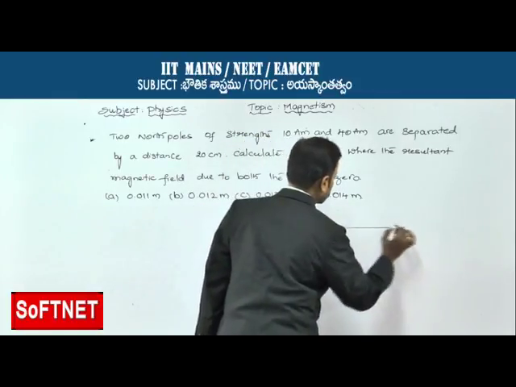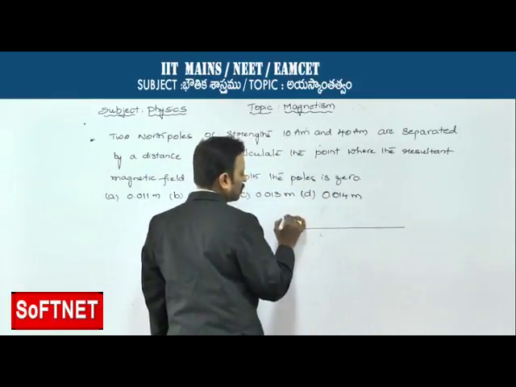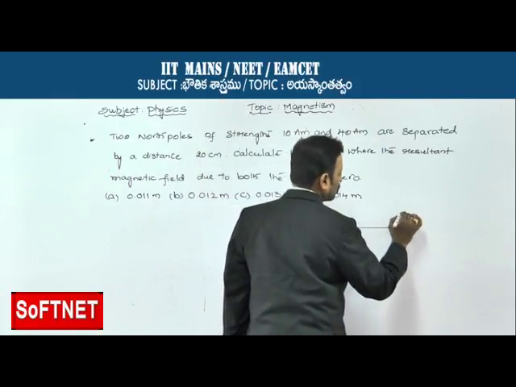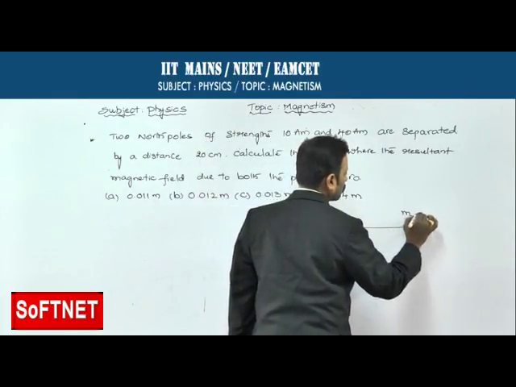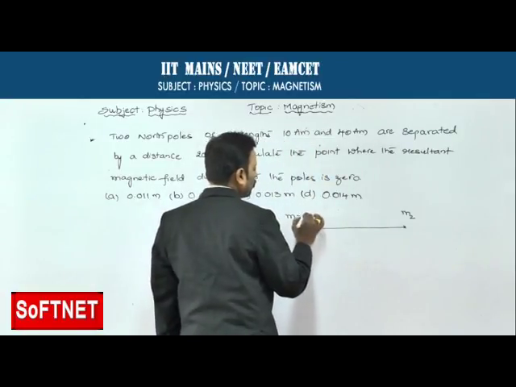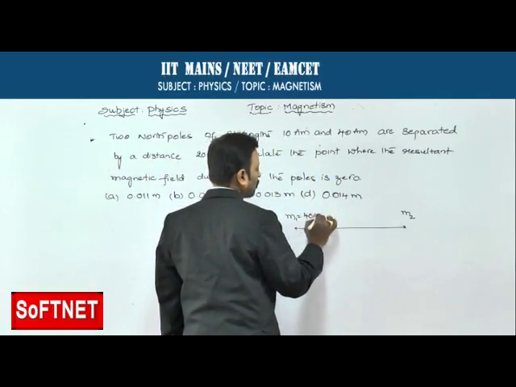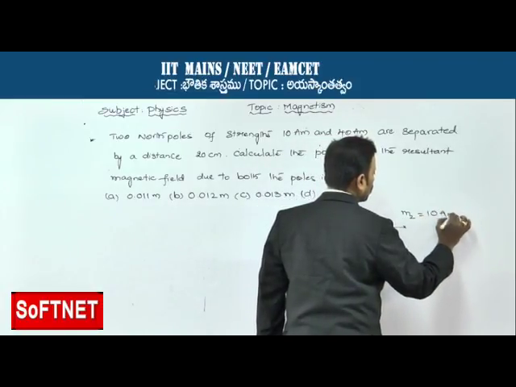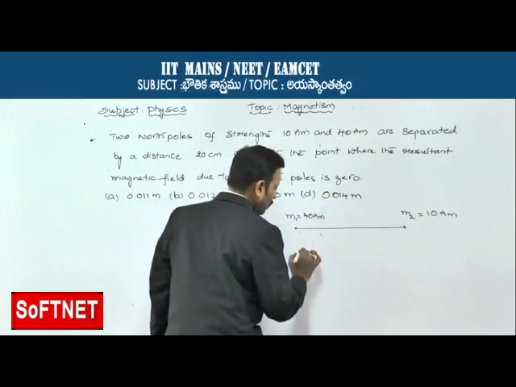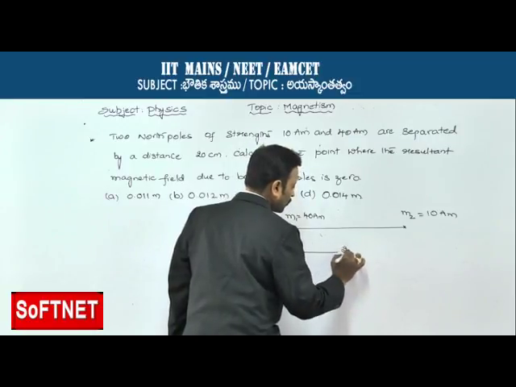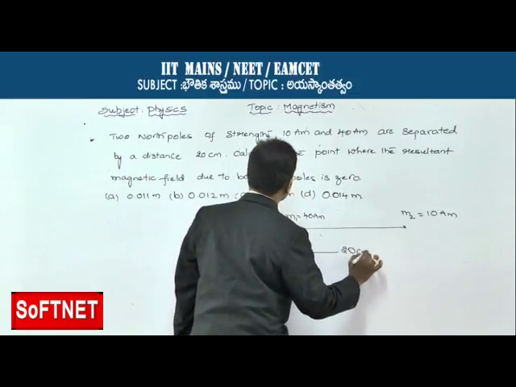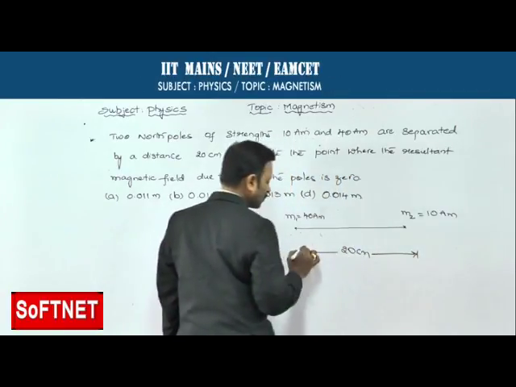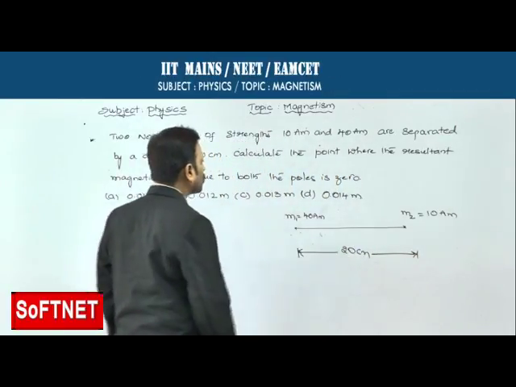Now, two magnets of pole strengths 10 ampere meter and 40 ampere meter. Let us suppose this is the first pole of pole strength M1, and the second pole of pole strength M2. Let M1 be 40 ampere meter and M2 be 10 ampere meter. The distance between both the poles is given as 20 centimeters.